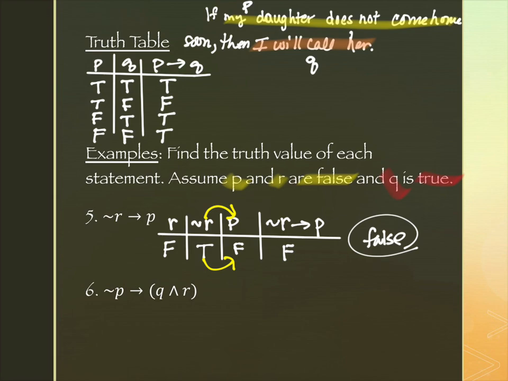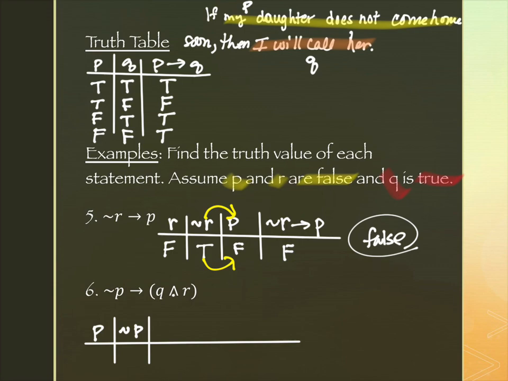Okay, let's do another one. This one has all of them, P, Q, and R. The part at the beginning again has the tilde on it. So if you want to kind of go out of order and do that part first, it kind of makes sense to do so. So I'm going to do P, and then I'm going to do a tilde P like that. You wouldn't have to do it in this order. There's going to be some later that I'm not going to do in this order, so you can see what that looks like too.